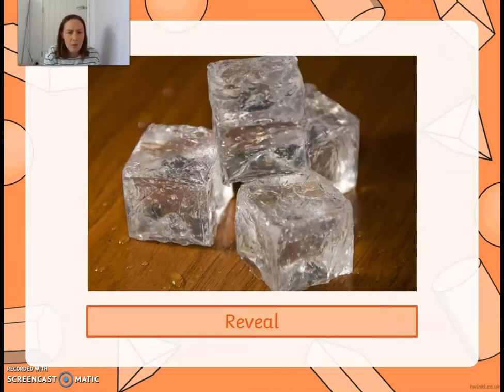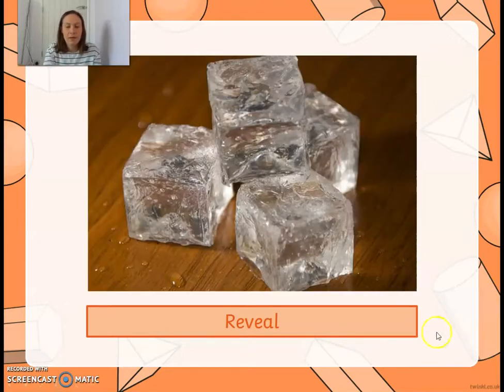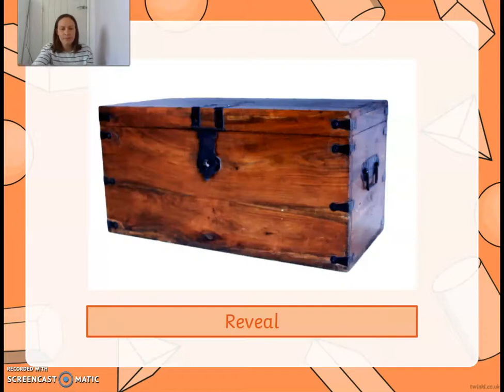Oh, well, we know what these are called. These are called ice cubes. So I wonder what 3D shape these might be called. Cube. Oh, let's have a reveal. Well done. Cube. I can see some 2D shapes in here. I can see a square and I can see a rectangle.